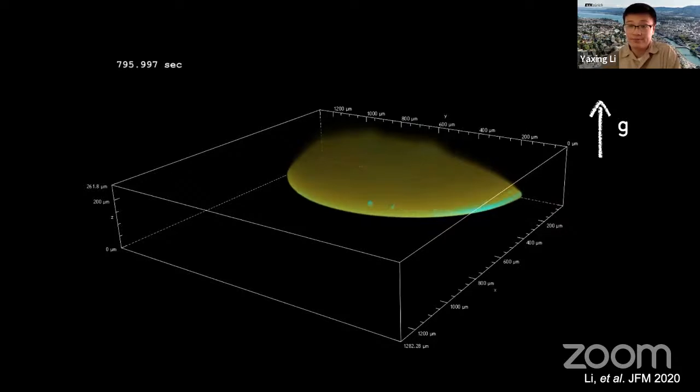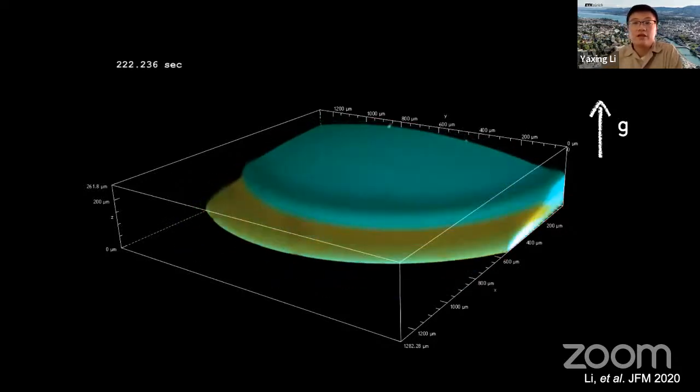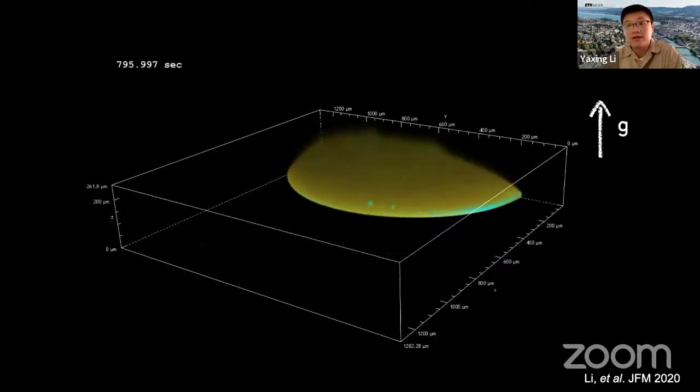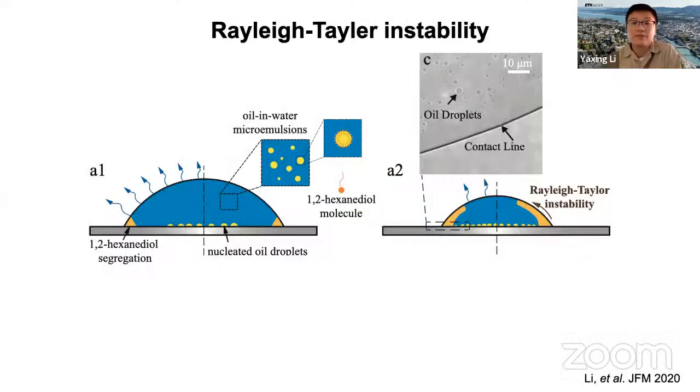So this difference with the previous video directly shows that gravity does play a dominating role in this instability. So we interpreted this as really a Rayleigh-Taylor instability. When we add some silicone oil, because silicone oil doesn't dissolve into water at all, and only very little dissolves into hexanol, when we deposit the droplet on the substrate, the silicone oil will immediately nucleate on the surface of the substrate.